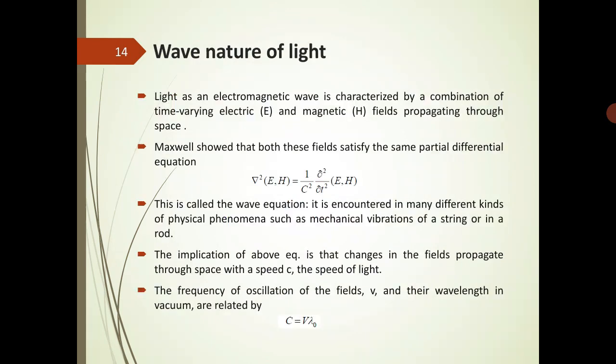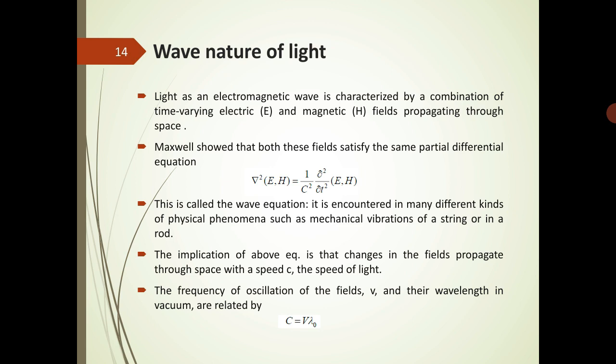And the next is the wave nature of light. So I am going to now explain the nature of light as a wave. For that I am considering light as an electromagnetic wave which has a combination of time varying electric field and magnetic field, which starts to propagate in the free space environment.